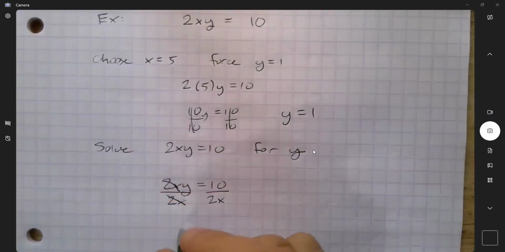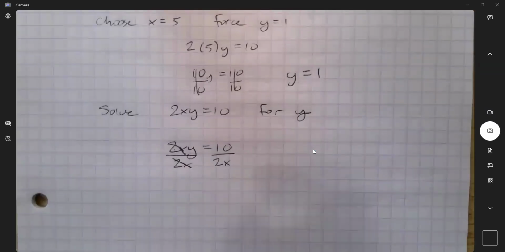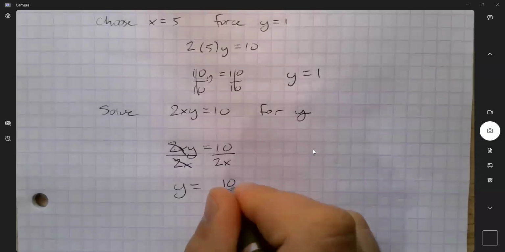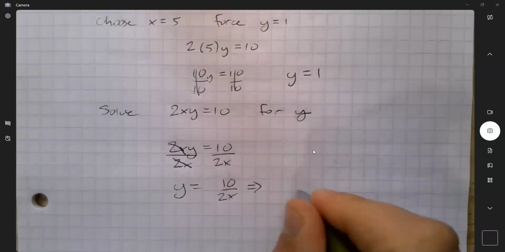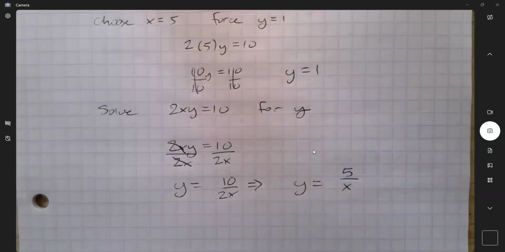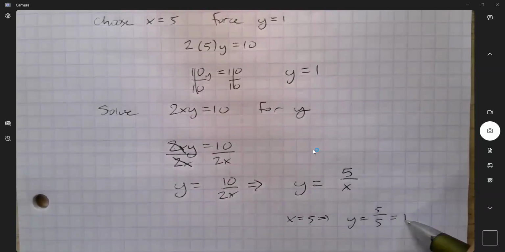Those cancel, and I'm left with y equals 10 over 2x, and the 10 and the 2 cancel, so I have y equals 5 over x. And now you see if I let x equal 5, then y is equal to 5 over 5, which is equal to 1. That's why the y equals 1 is required for both of those.